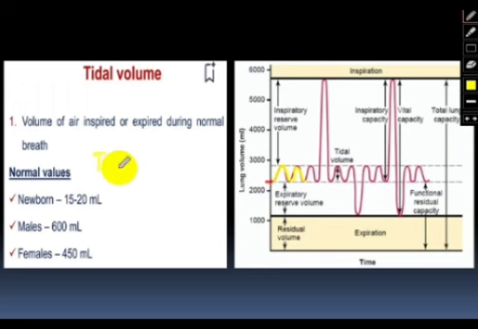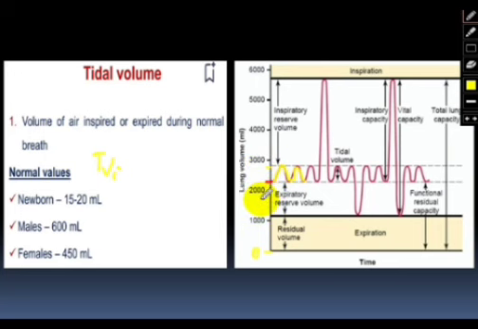Tidal volume inspiration. When someone inspires air, it moves from here to this point. So let's call this point 0. This is 1,000, this is 2,000, this is 3,000, 4,000, 5,000 and 6,000. So this point will be what? It's not 3,000, it's below 3,000.